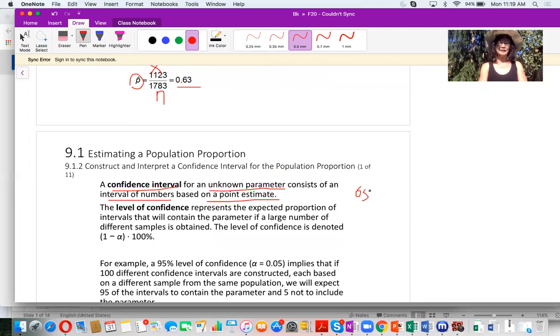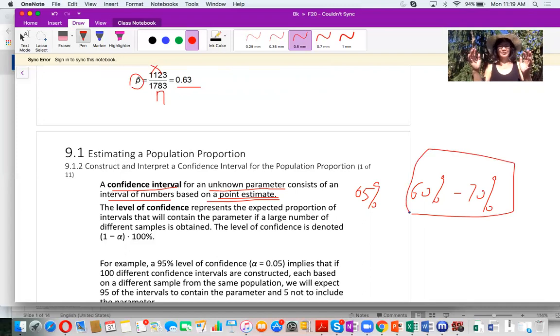So I have 65% of students having a part-time job. This is the point estimate. Based on this point estimate, I can say maybe between 60% to 70% of students have a part-time job. So this is an interval, two numbers, okay? And it is based on this point estimate.